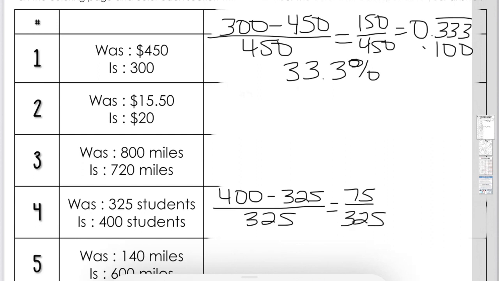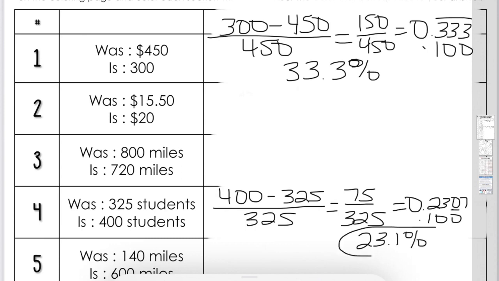And then you're going to divide that by 325, which is 0.2307. Multiply by 100, and you get 23 point, and we'll round this up to 1. So 23.1%.